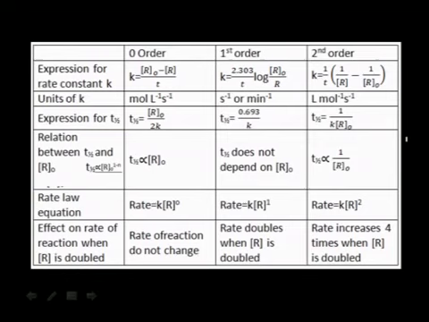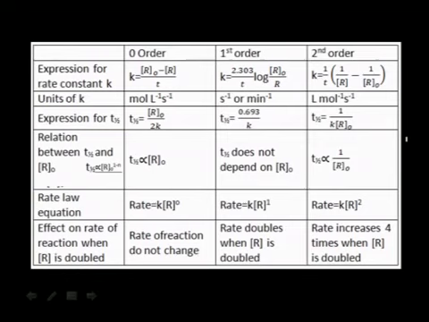If it is a first order reaction, when the concentration of reactant is doubled, the rate also doubles. For a second order reaction, when the concentration of reactant is doubled, the rate increases 4 times, because rate equals K into 2 to the power 2.